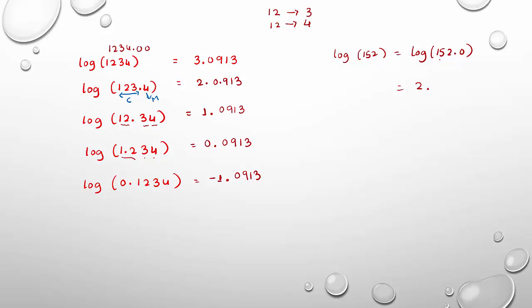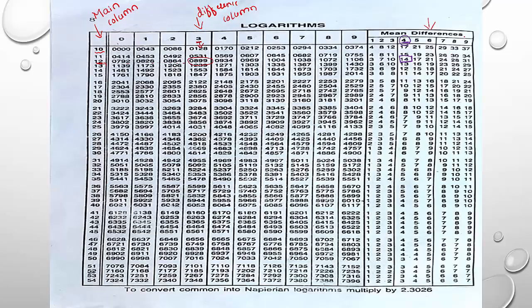Now the second step: 15 at 2 we have to observe. There is no 4th digit, only 3 digits here. If the 4th digit is absent, then don't go for mean difference. Directly you can observe 15 at 2. Now observe the log table. 15 is here. 15 at 2. 2 is here, which means we have this number 18 and 18.